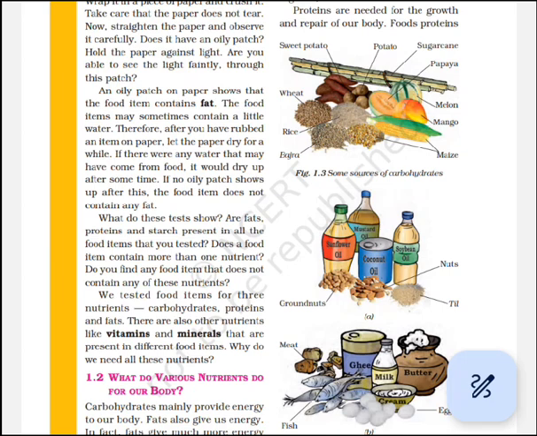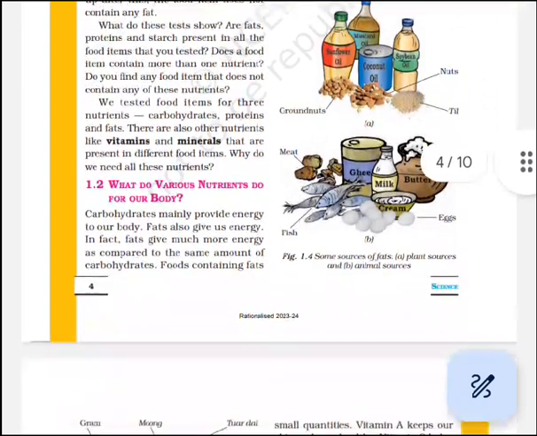1.2. What do various nutrients do for our body? Carbohydrates mainly provide energy to our body. Fats also give us energy. In fact, fats give much more energy as compared to the same amount of carbohydrates.